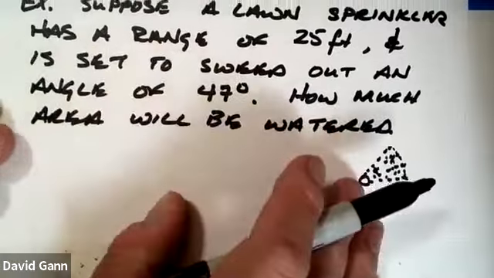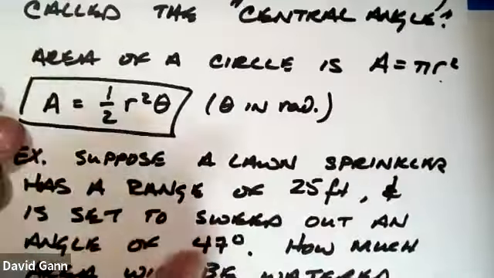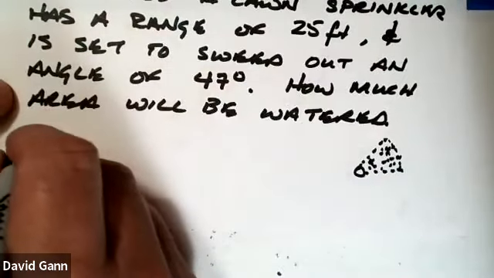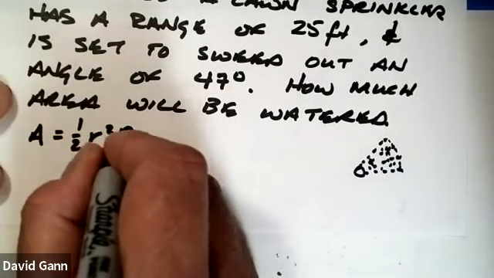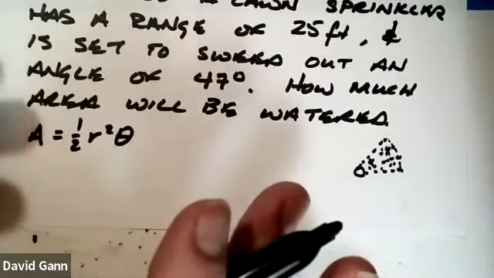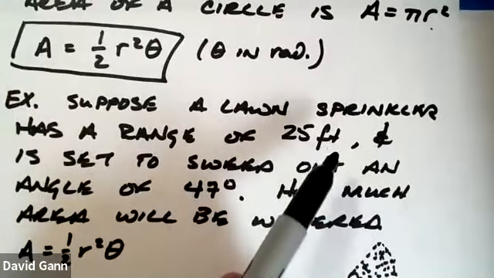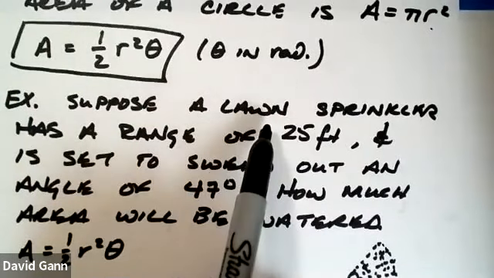And so we want to use an equation where we have A equals something. And of course, there it is. It's the most basic version. So we want A equal to 1/2 r squared theta. Remember, theta has to be in radians. So checking back to the parameters of the problem, it says that the range of the sprinkler is 25 feet.